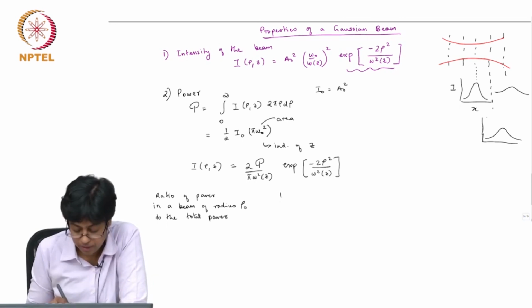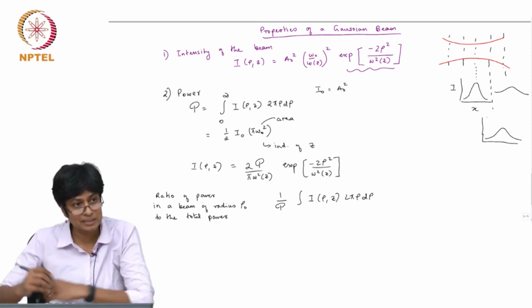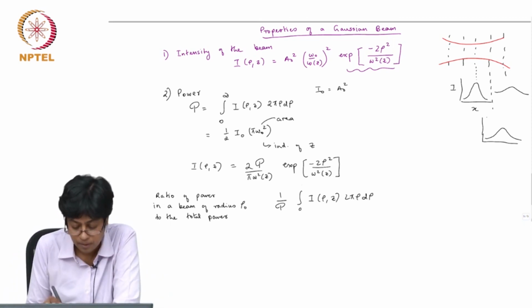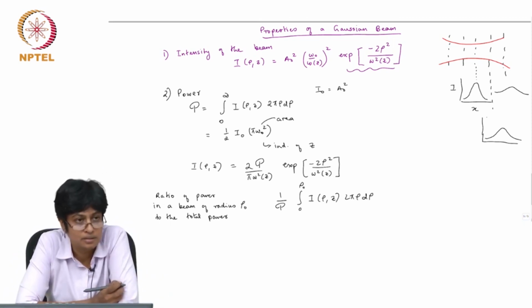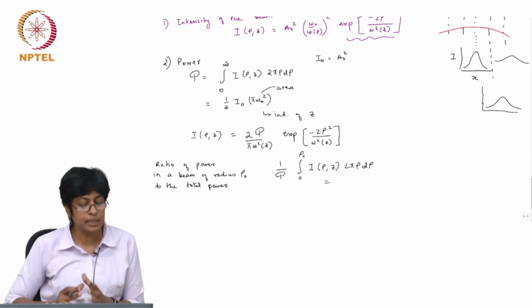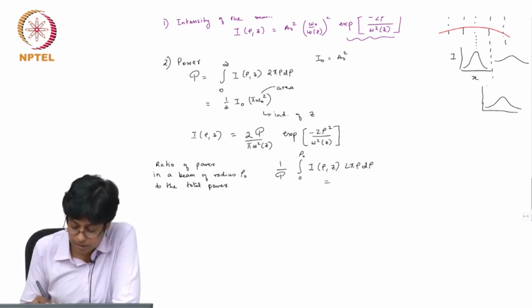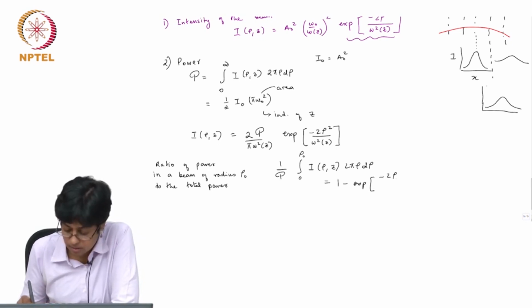So you're calculating the power, but not the power in the entire beam. Now you're calculating the power in a circular area of radius rho naught. Again, if you work out this expression, you will get this.